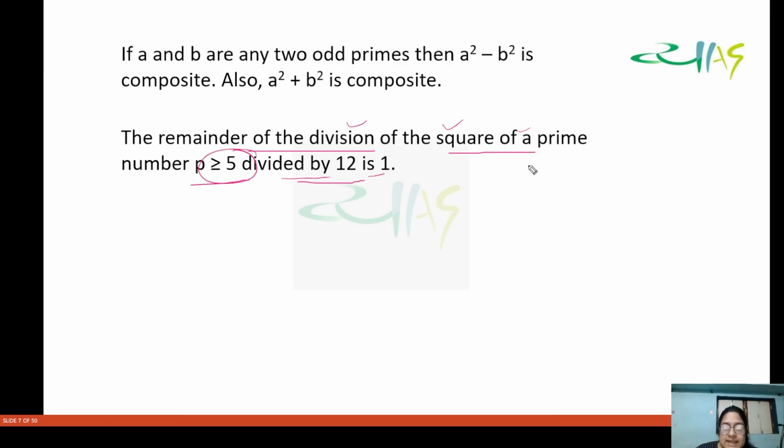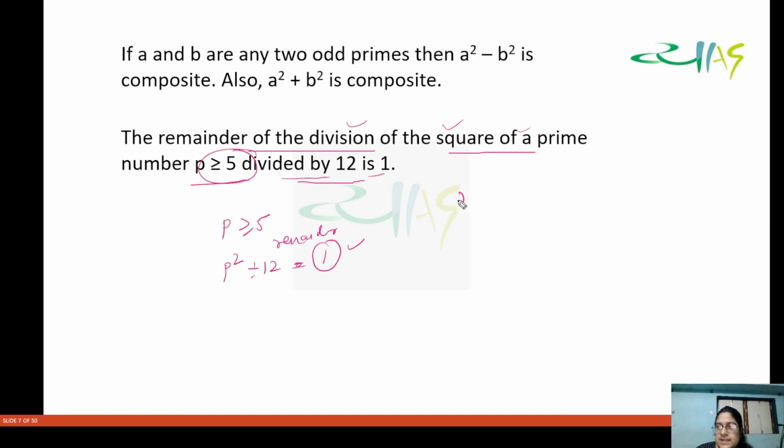So basically it is saying that we have any prime number p greater than 5, and whenever we square this number and divide it by 12, the remainder will always be 1.